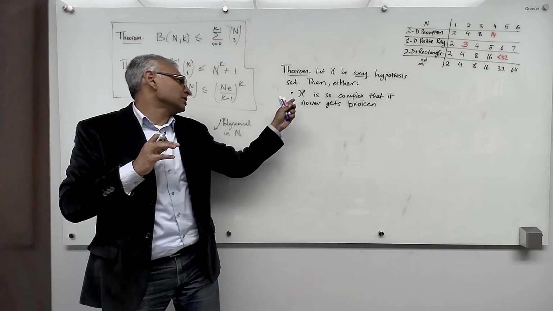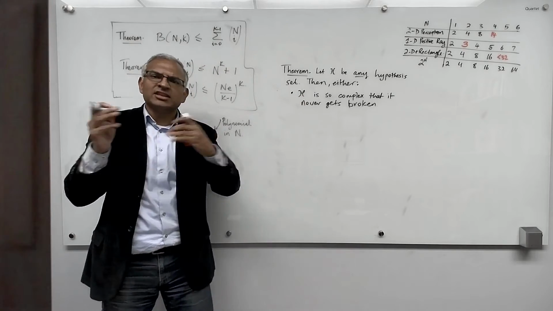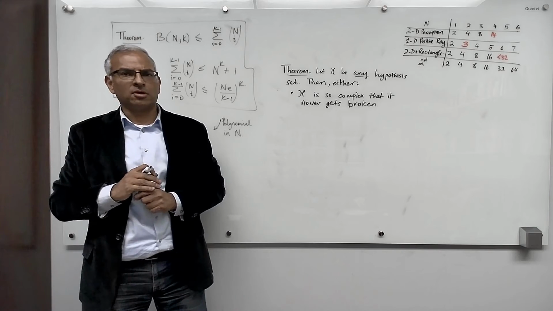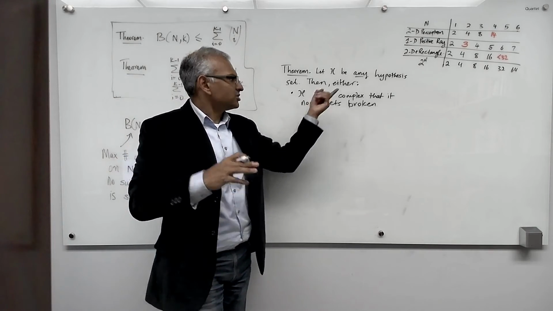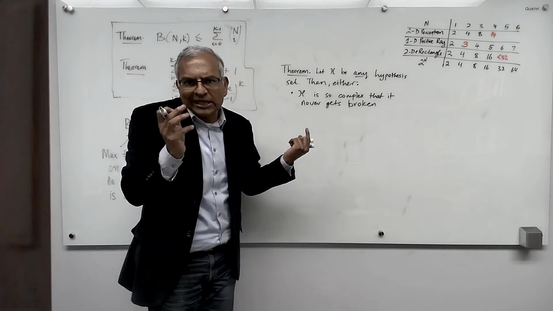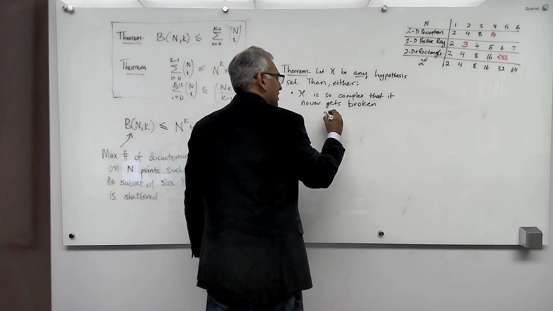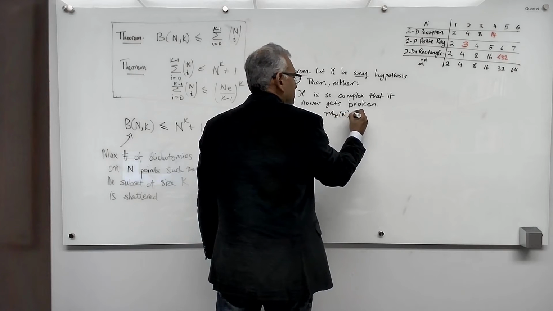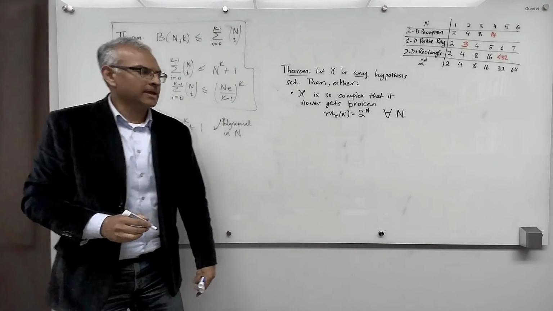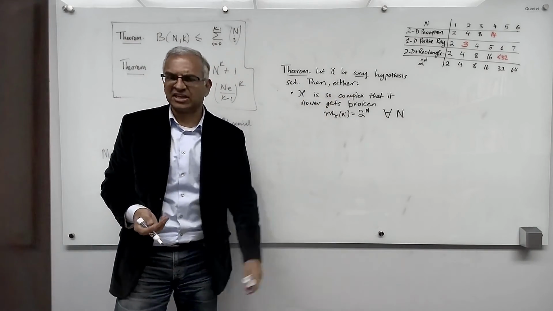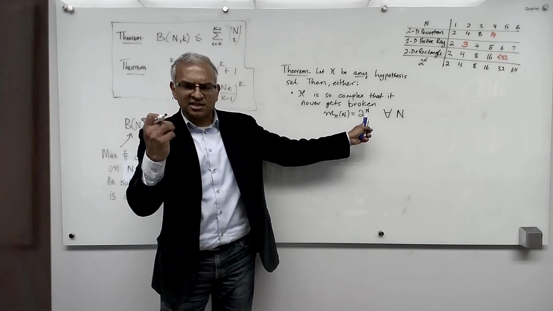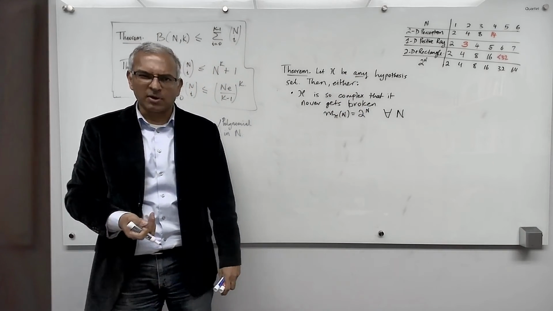It turns out that you can get H's that have this property even though they are not as complex as every possible hypothesis set, and you can see some of the problems for details. But H is so complex that it never gets broken. In this case, m sub h of n is equal to 2 to the n for all n. That's the definition of H never gets broken. Its growth function is always 2 to the n. Remember, this growth function, if we put it in the error bar, is of no use to us.